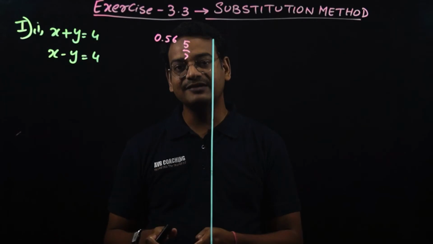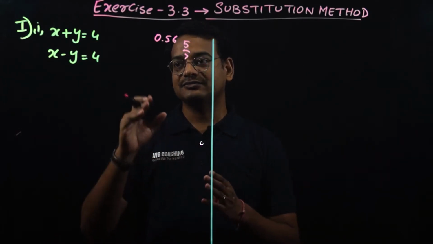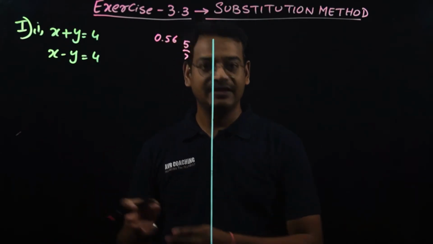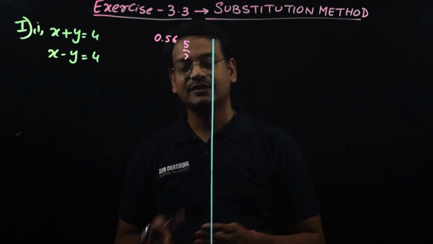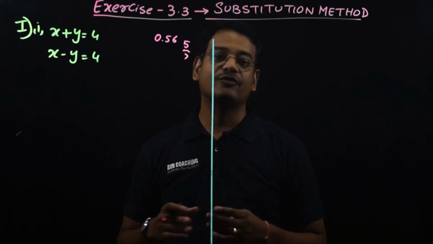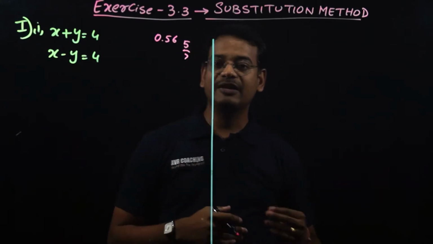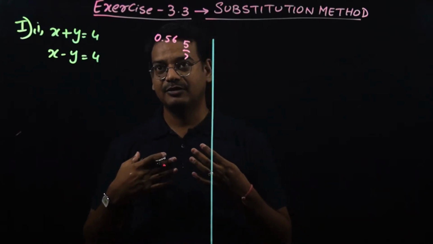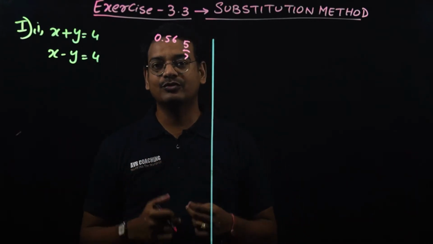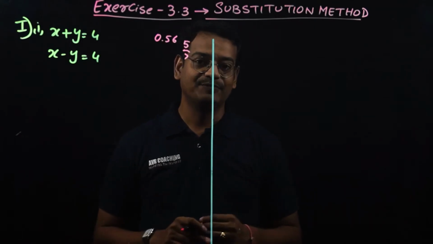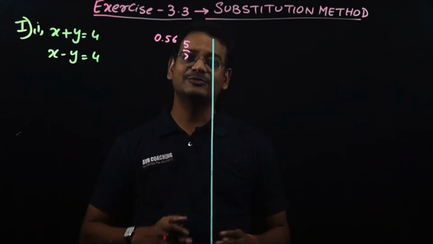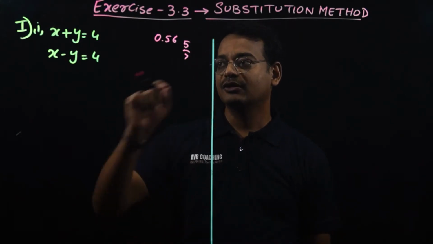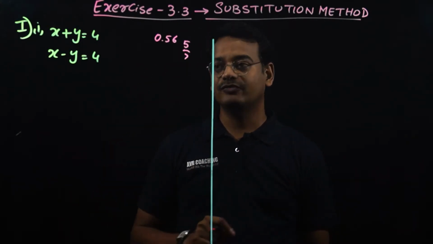These are all methods, and for a few students the substitution method becomes very easy, for a few students the elimination method becomes very easy, and for a few students the cross multiplication method will be very easy. As a student, when I was in school, I used to love the elimination method. Actually, the elimination method is one of the easiest methods to solve a linear pair of equations.